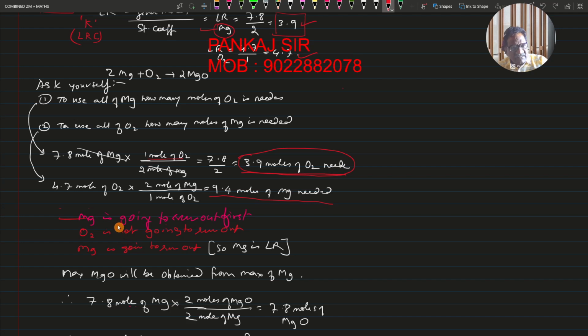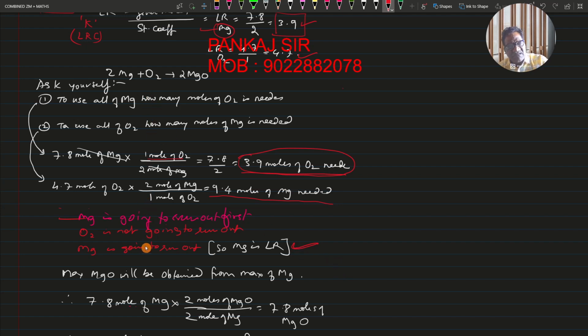The definition of limiting reactant is that the reactant which will run out first in a chemical reaction is known as the limiting reactant. So magnesium is going to run out first, and so magnesium is the limiting reactant.